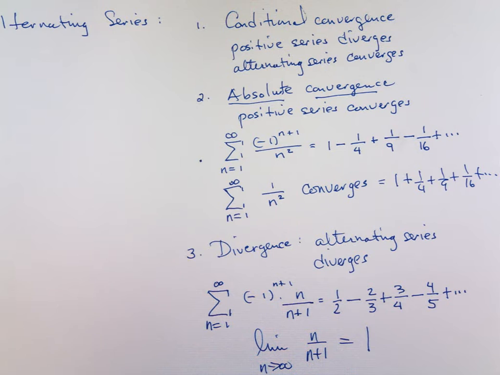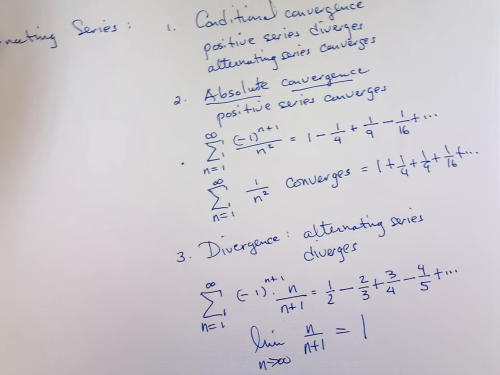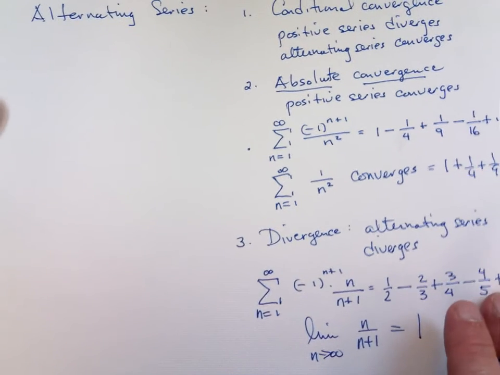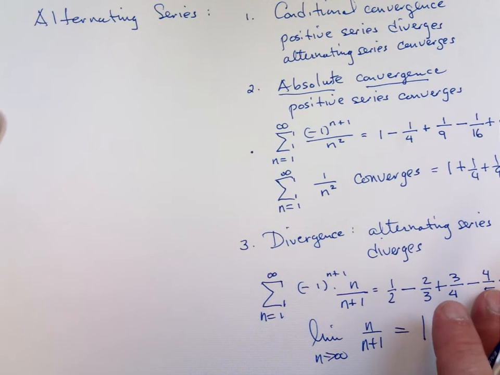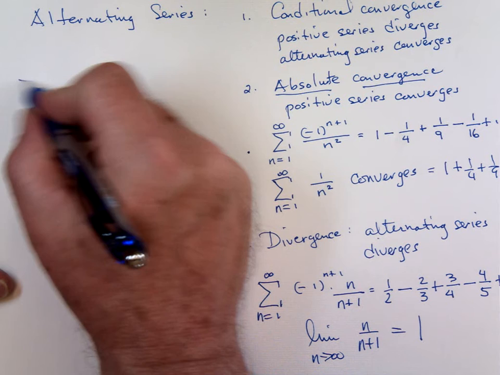Okay, you ready? That's alternating series. Maybe I better give you one. Here, do this one. You guys do one. Let us see. What about this? You tell me, this alternating series here.